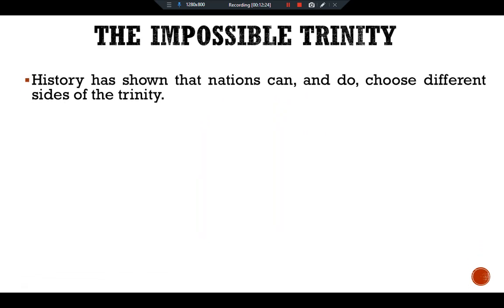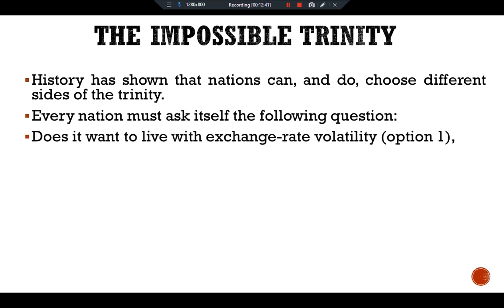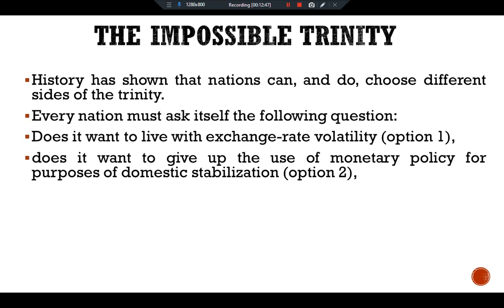History has shown that nations can and do choose different sides of the trinity. So every nation must ask itself the following questions. First, does it want to live with exchange rate volatility? This is the first option. Does it want to give up the use of monetary policy for purposes of domestic stabilization?